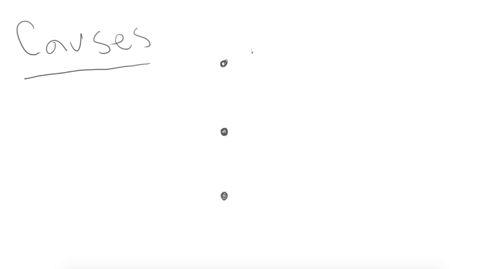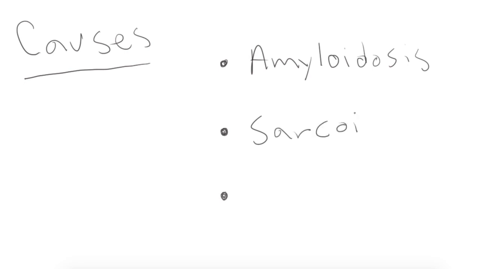Okay, so let's talk about some of the causes. Number one, by far, most common cause is amyloidosis. Number two, and very uncommonly asked, is sarcoidosis.